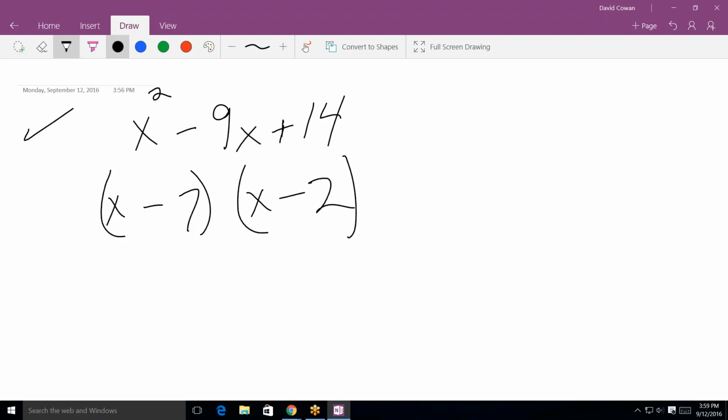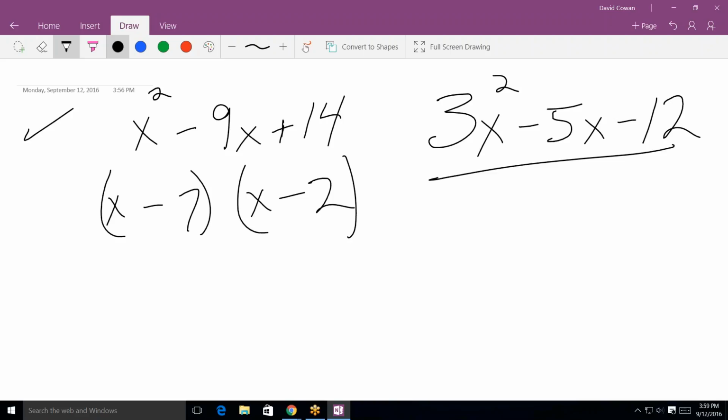They only get hard when you start putting a number in front of that, something like this. That would be really hard because there's lots of combinations, and I can't use any of those simple rules like factors of 14 that add to the number 9. That gets thrown out the door when you're doing these kind of quadratics.